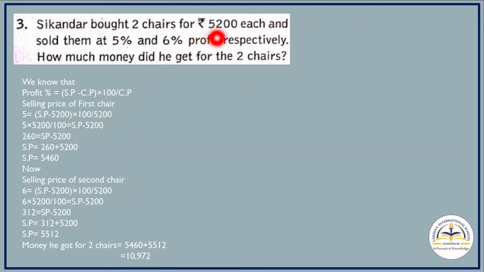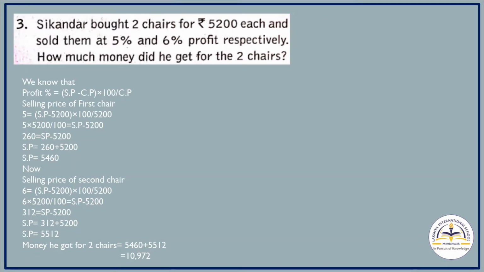Here 5200 is the cost price and we have to find the selling price. For 5%, when we put the values in the formula, we get 5460, and when we put 6% profit in the formula with all the other values, we get 5512.